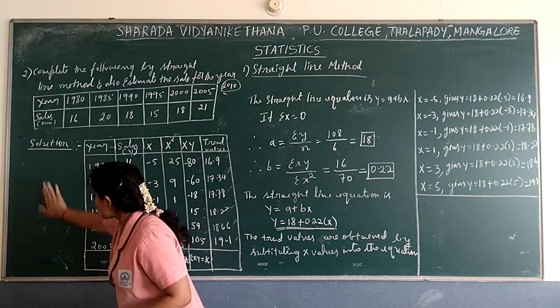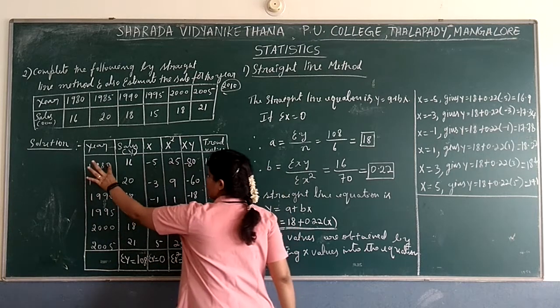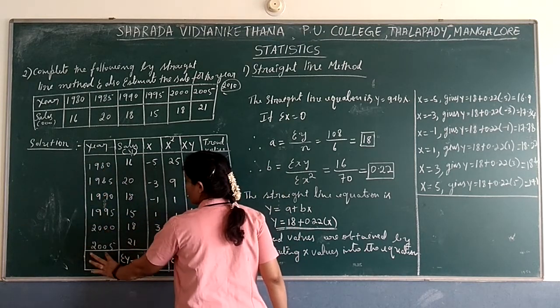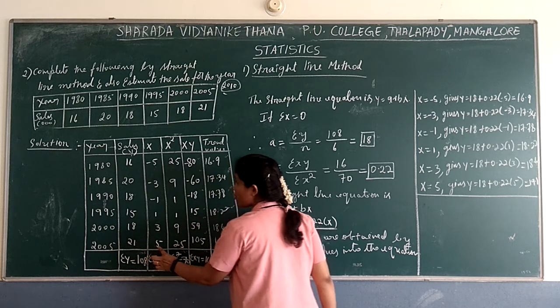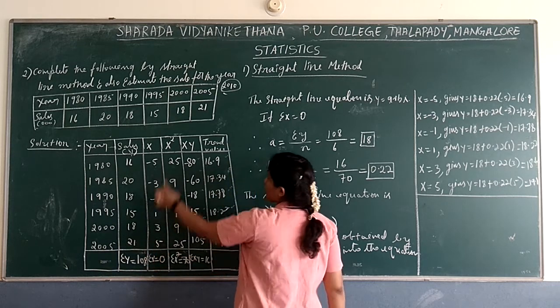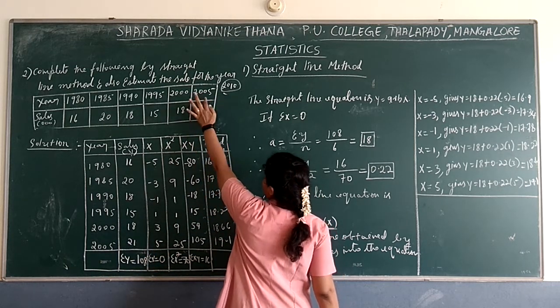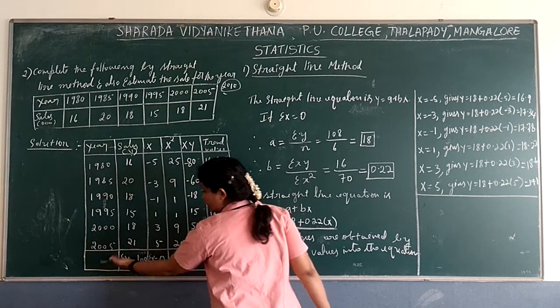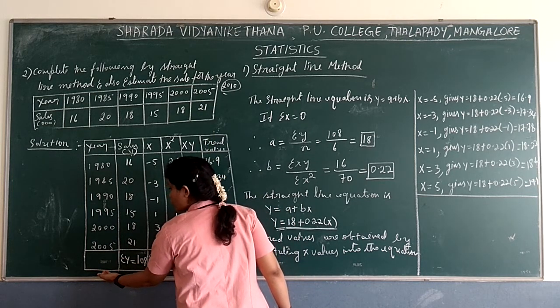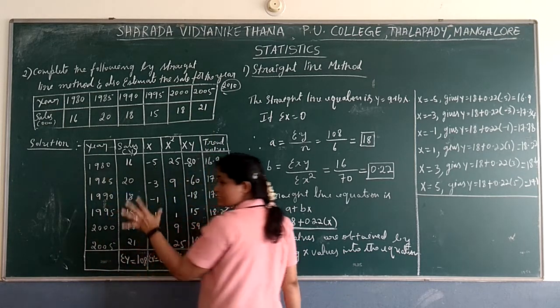But in this case, see here, there is a gap of 5 between the years. In 2005, we have x as 5. And for the year 2010, immediately after 2005 comes 2010, because there is a gap of 5.